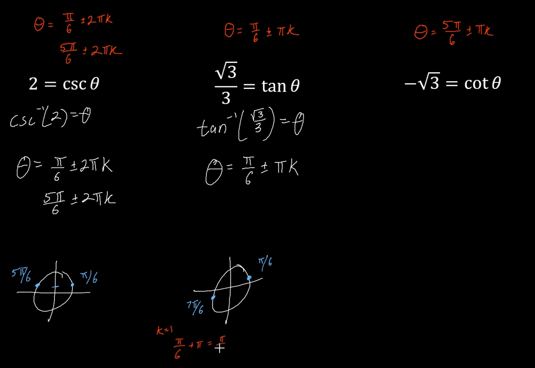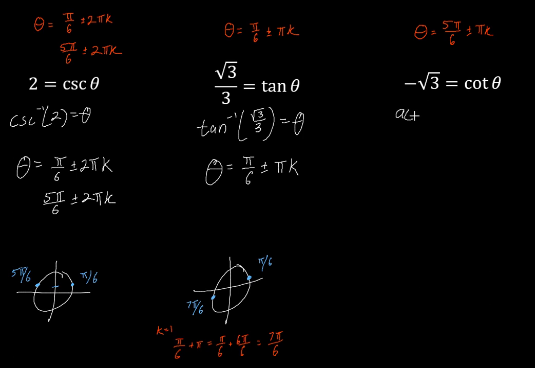Well, in order to add fractions, you find a common denominator. 7 pi over 6 is already included in this answer choice. So we don't have to do 7 pi over 6 plus or minus pi k. That's just extra information. It's reiterating what we just said. 7 pi over 6 is when k is 1. And that's why we only need one answer for this.